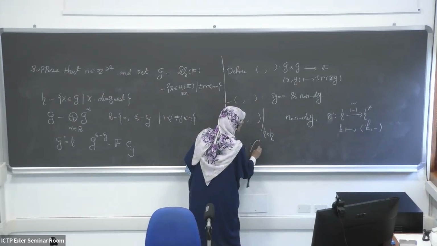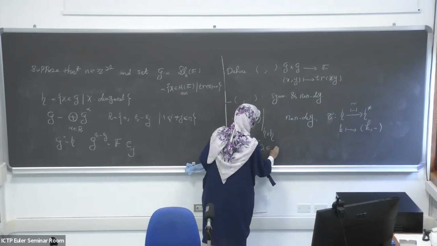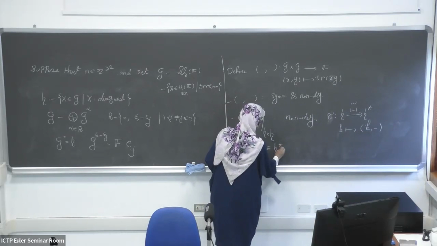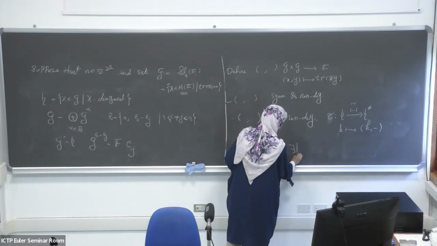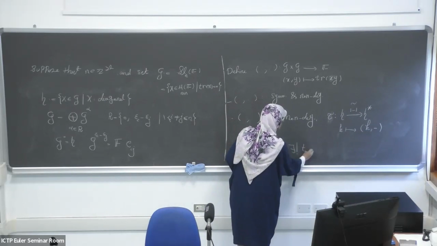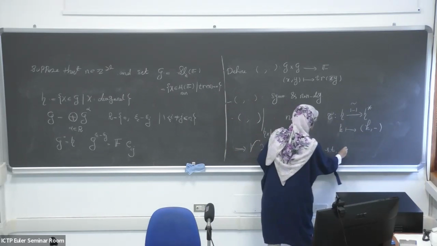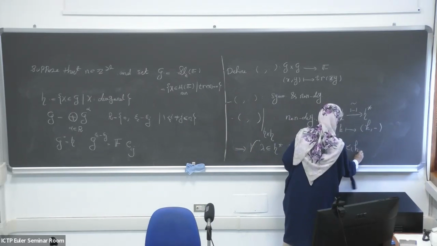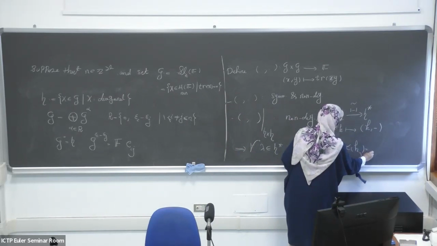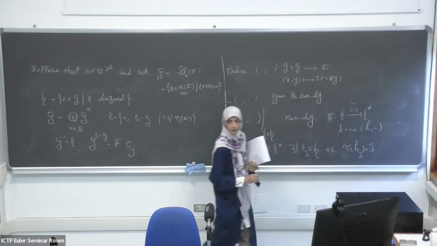So for each lambda belonging to H star, there exists a unique t lambda belonging to H such that (t lambda, ·) equals lambda, right?